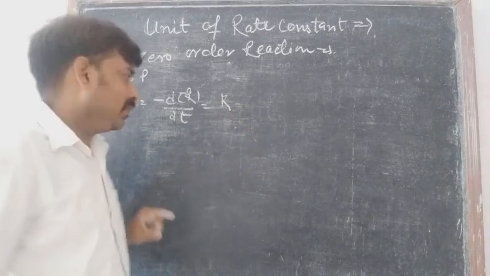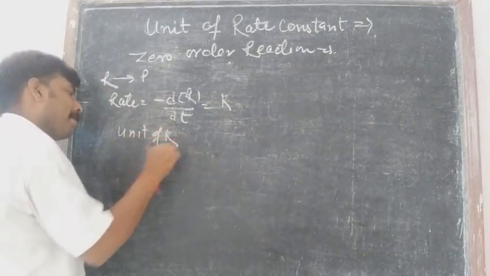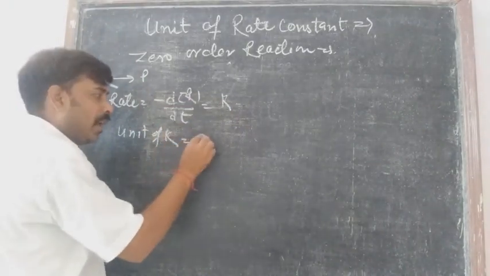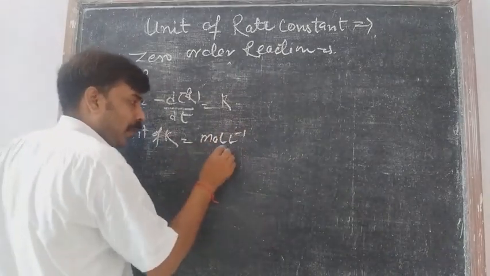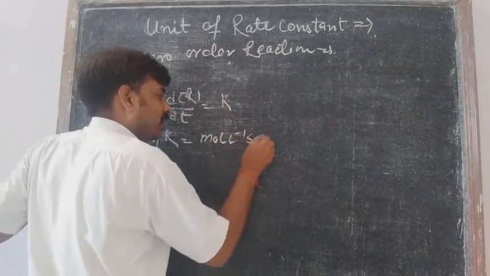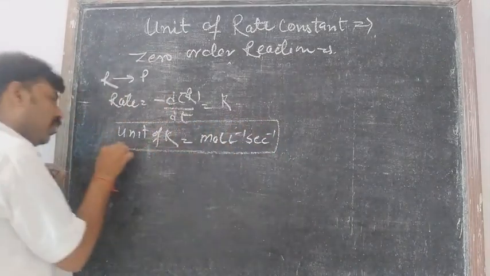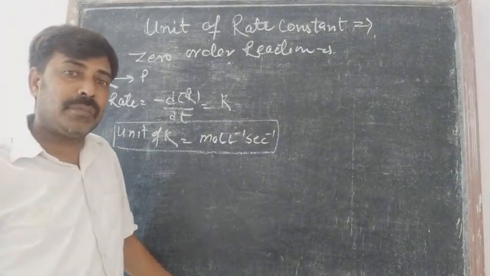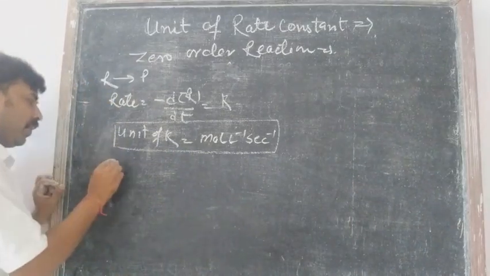So the unit of k equals the unit of concentration of R, mole per liter, upon second, or per second, whatever you want to write. So this is the unit of rate constant for the zero order reaction.